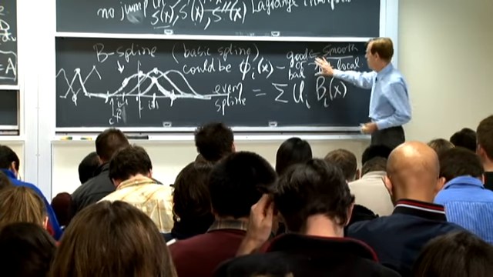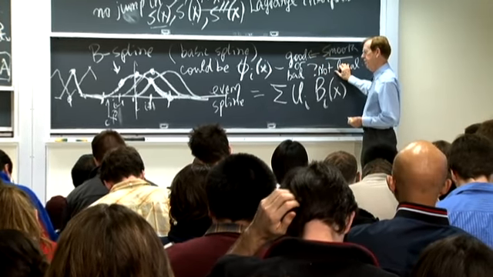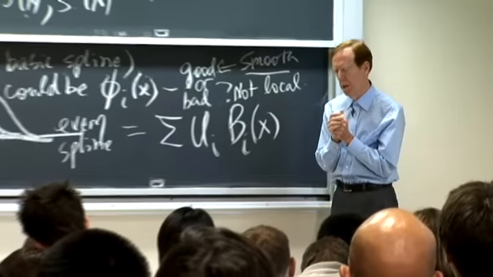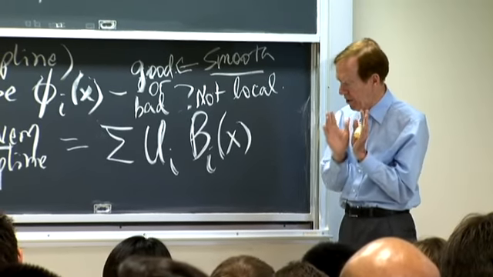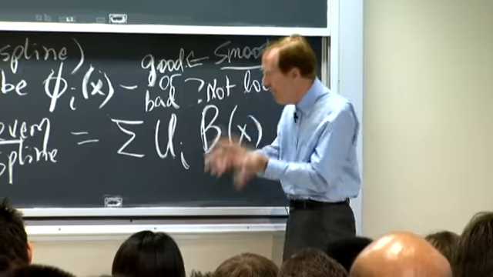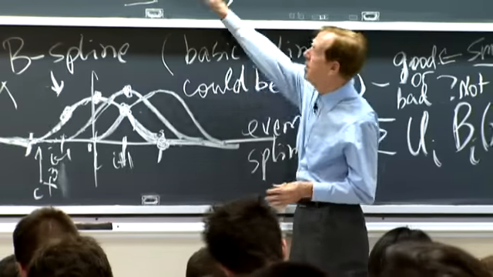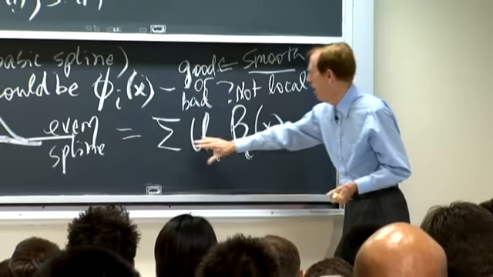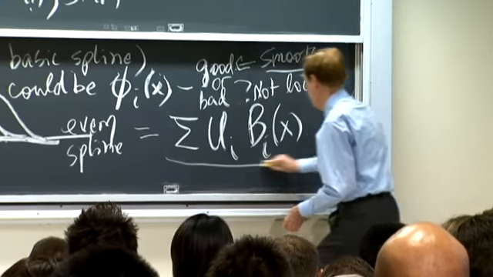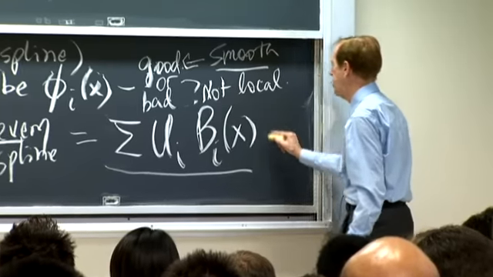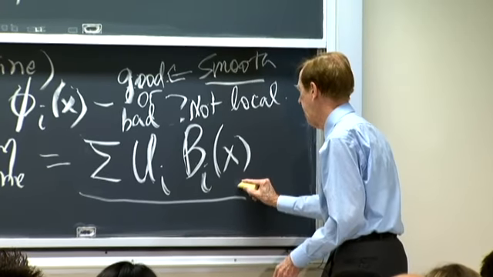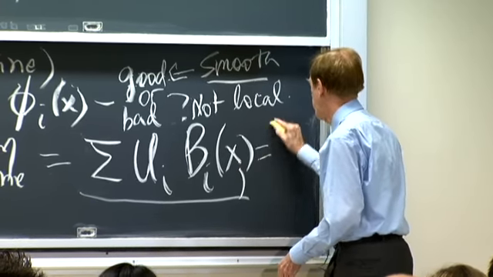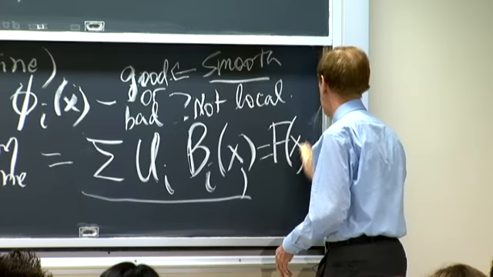So they're not popular as a result for finite elements, and I just want to be sure you make the distinction. They're very popular for the interpolation job. I've got some combination of these at particular mesh points that is supposed to agree with f at those mesh points.